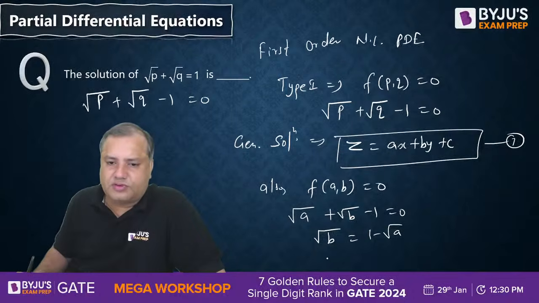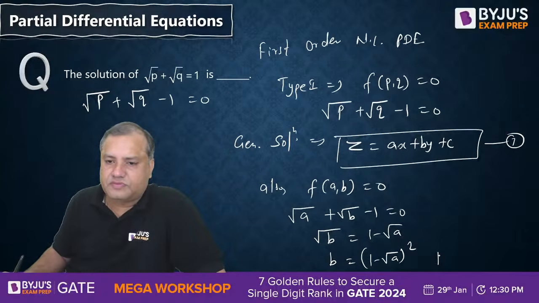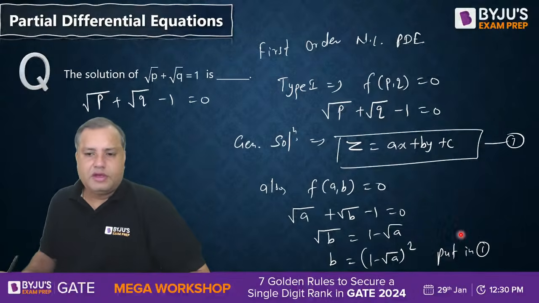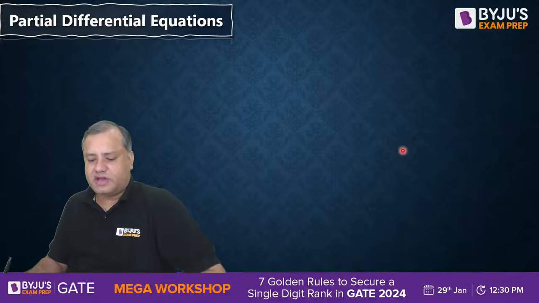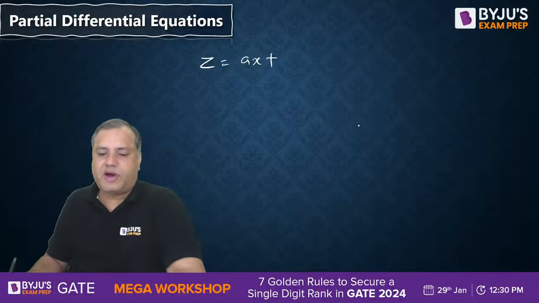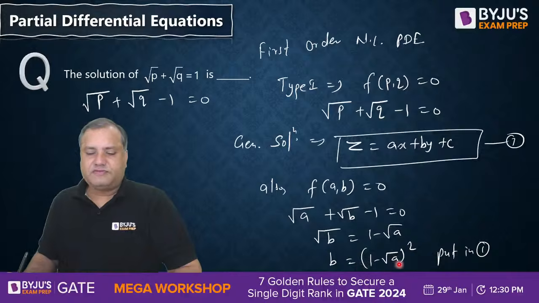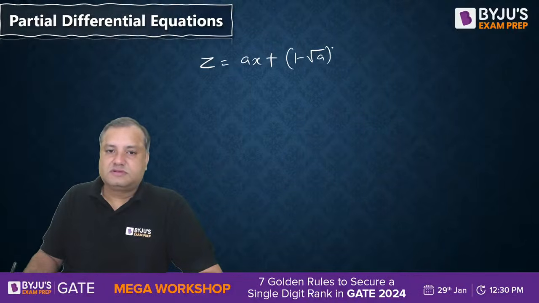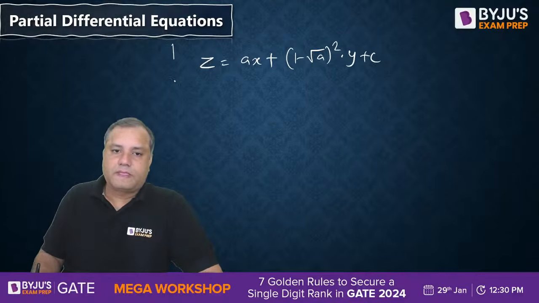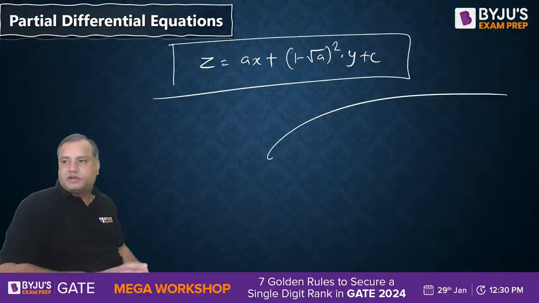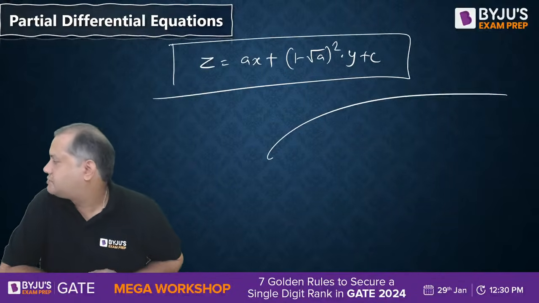Squaring both sides, b is 1 minus root a whole square. You can put this in equation 1. So equation 1 is finally giving us the general solution: z equal to ax plus by, where b is 1 minus root a whole square. This is the required solution.